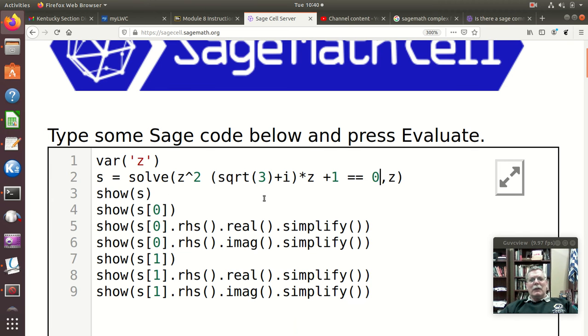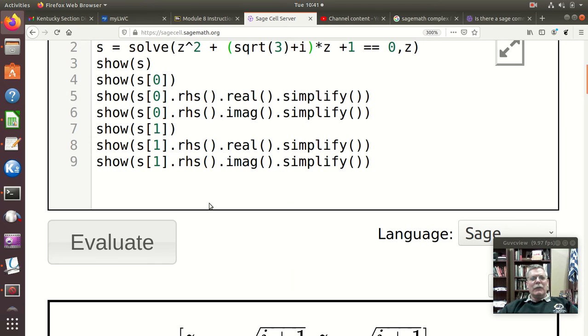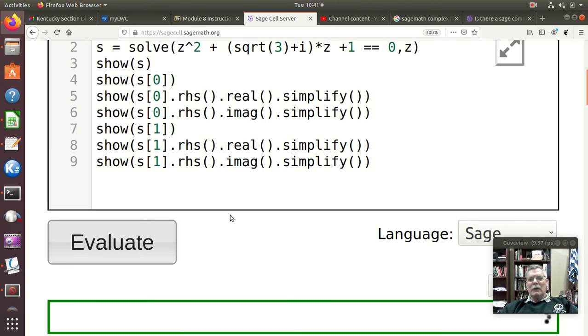And so I would like to solve that. Oh, I forgot my plus here. Okay, so I would like to solve that equation and do all these same things with it, and so I'll evaluate.